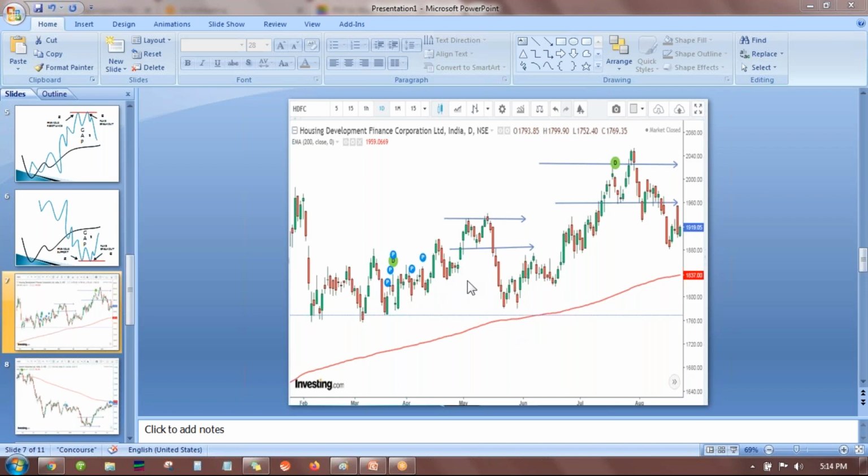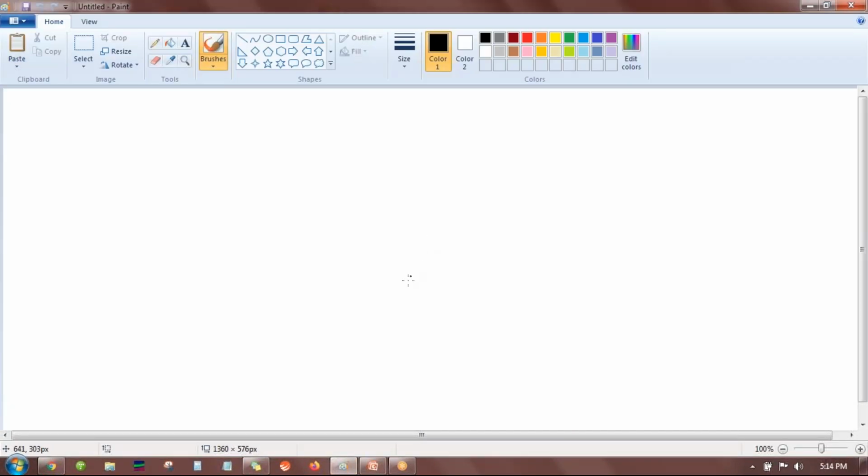What we are seeing here: first, this is the 200 exponential moving average, the red line, and we see a good gap between it and the prices. Let me explain this here. This is a moving average.